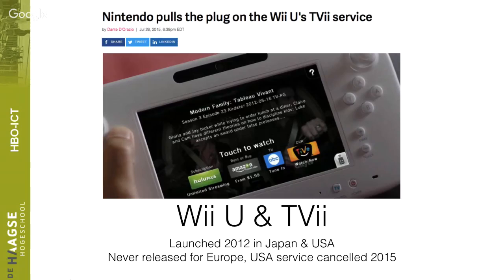It was claimed to be one of the main selling functionalities of the Wii U, although they didn't actually finish this functionality, and it wasn't even designed well because it didn't work, and it was canceled. And eventually the Wii U failed. So it doesn't really work well when you step outside of what you can actually offer to your users.